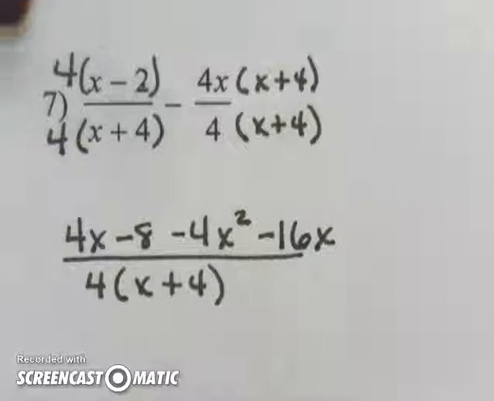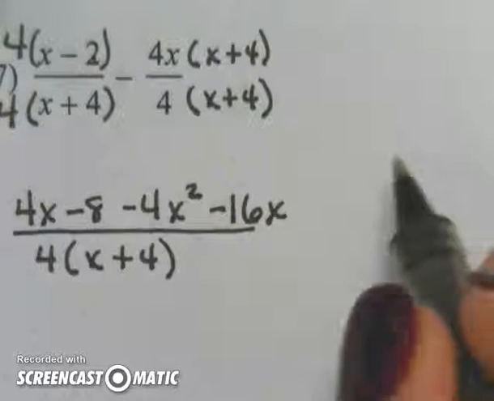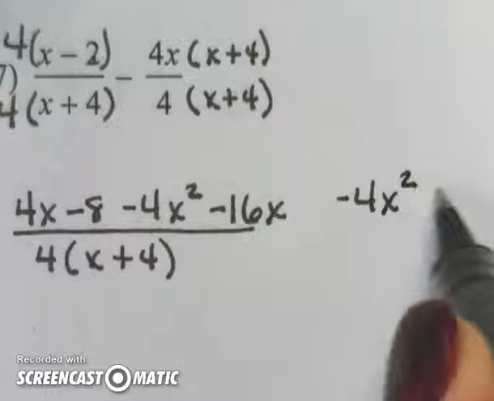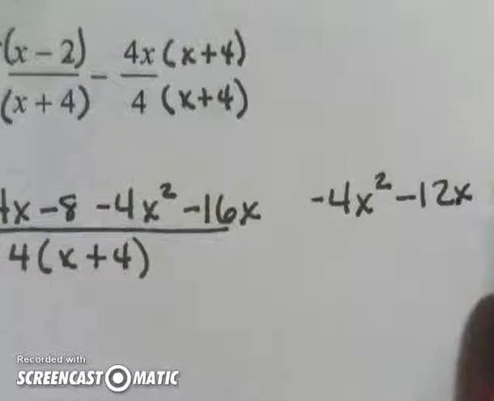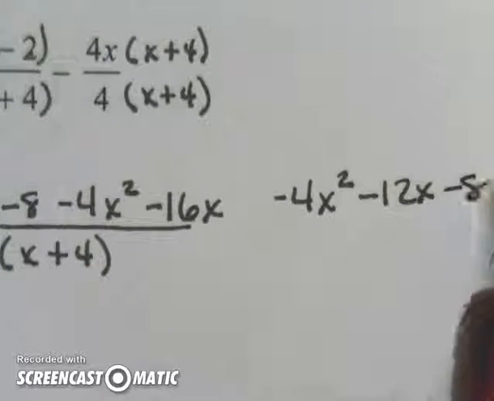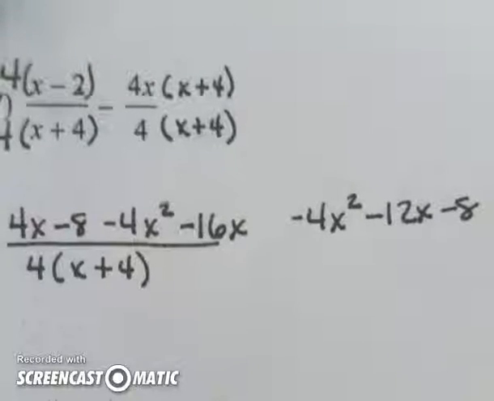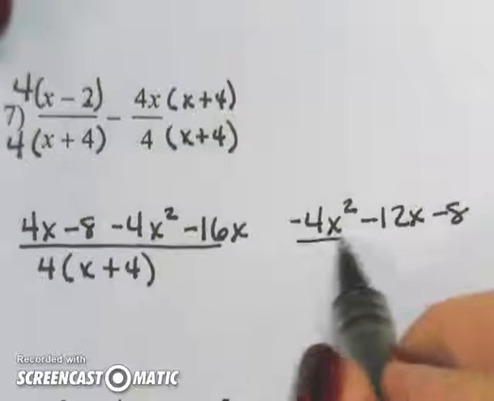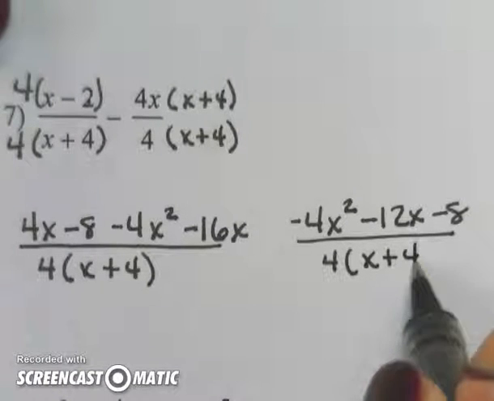Now I need to combine my like terms in this problem so that I have -4x squared minus 12x minus 8. Let me zoom out just a little bit. There we go. Minus 8, all divided by 4 times x plus 4.